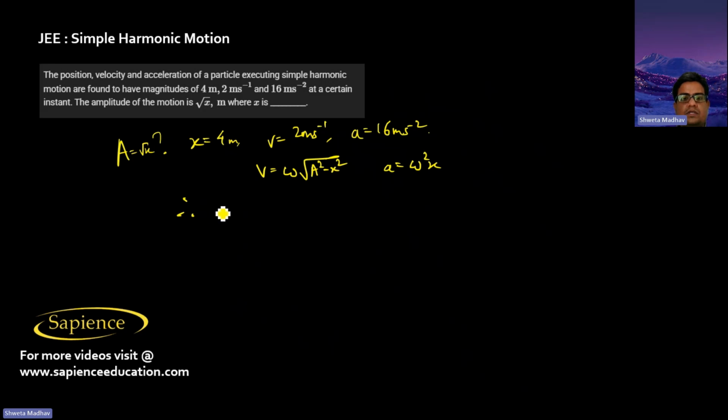Now therefore, 2 is equal to omega root over a square minus 4 square, and acceleration, 16, is equal to omega square into x.